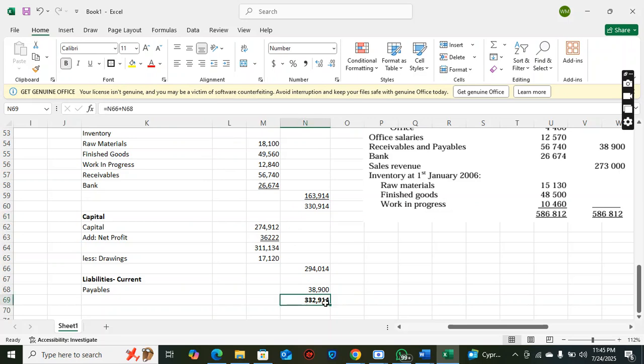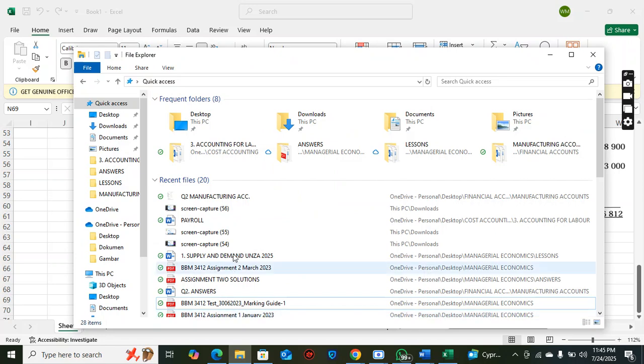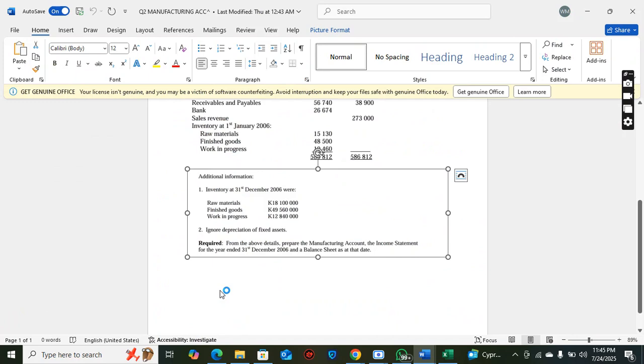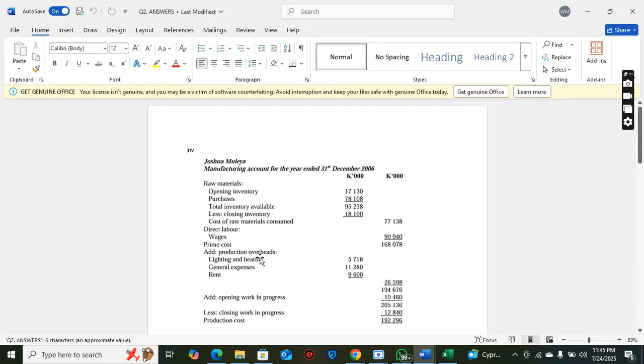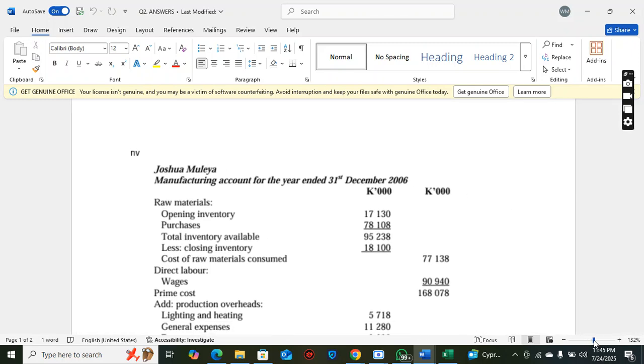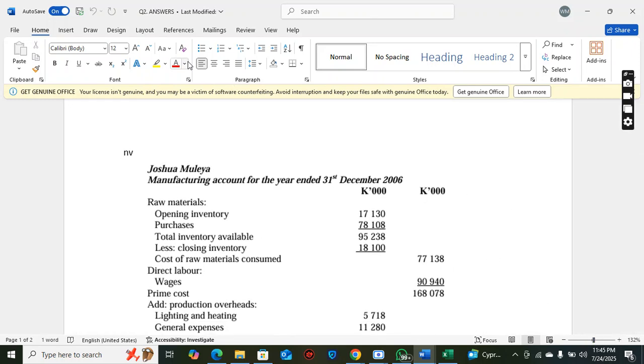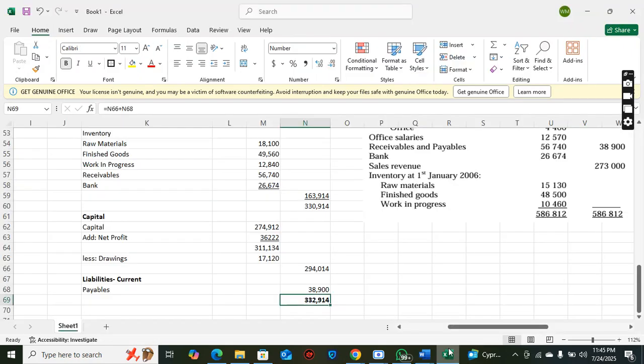Okay, so I see where this discrepancy is coming from. Yes, colleagues, this is the answer for this question. So here on opening inventory, as we put 15,130, here they've put 17,130.